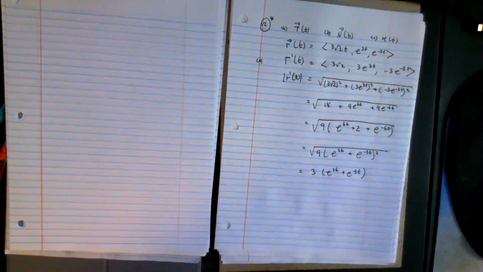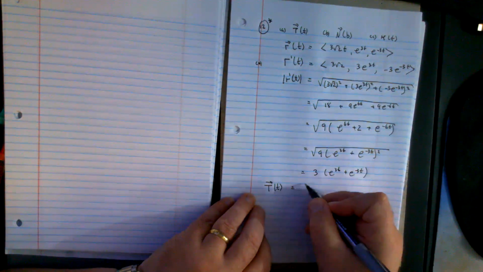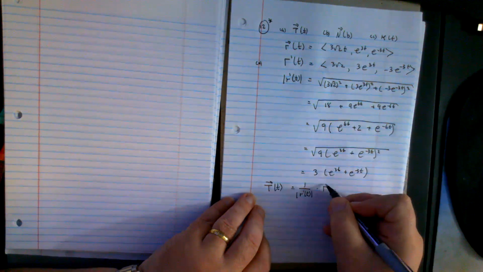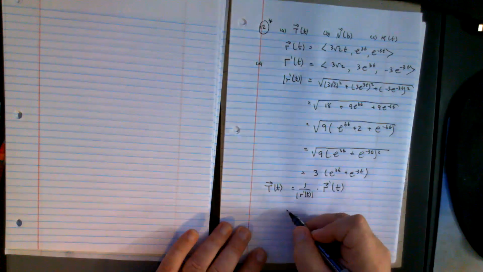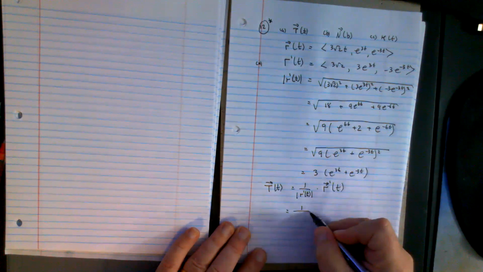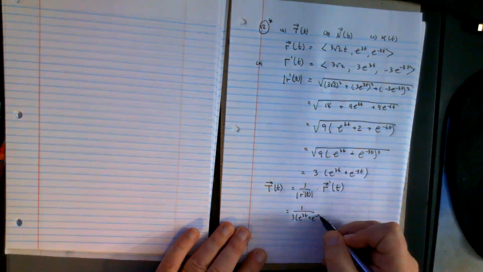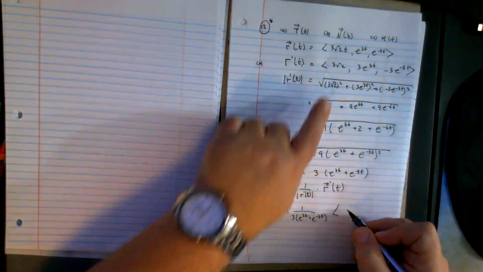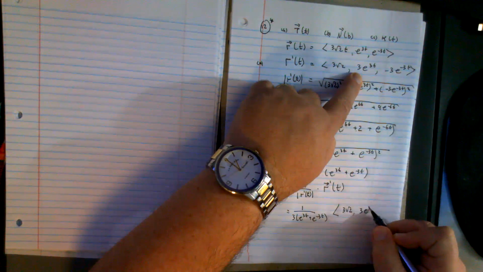Which means we can now do our unit tangent vector: 1 over the magnitude times that vector. So it's going to be 1 over 3 times e to the 3t plus e to the negative 3t, times the derivative.